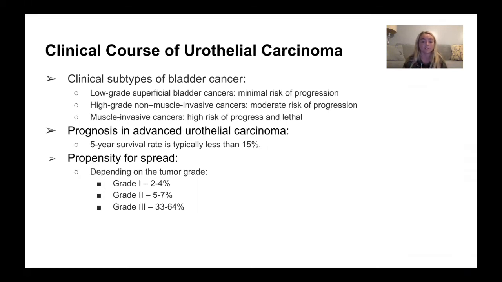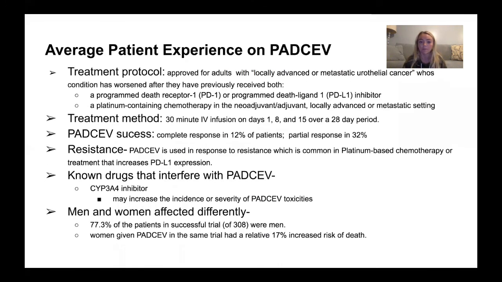As far as prognosis, in advanced urothelial carcinoma, the 5-year survival rate is typically less than 15%, whereas in a low grade, it would be much higher. And the spread of this is usually depending on tumor grade, whereas a grade 1 tumor has a 2 to 4% chance, whereas a grade 3 has a 33 to 64%.